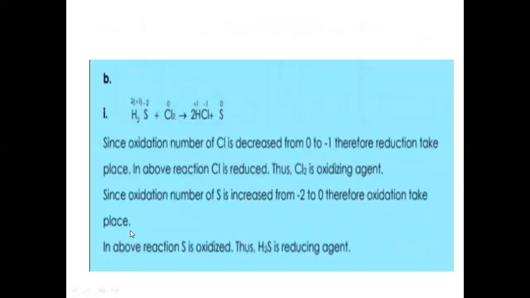B part is we have to identify oxidizing and reducing agent. First of all, we will assign oxidation state to all the atoms, and that is sulfur from -2 into 0, hydrogen from +1 to +1 same, chlorine from 0 to -1. So you can see chlorine undergoes reduction because its oxidation state decreases from 0 to -1, and chlorine will act as an oxidizing agent, while sulfur oxidation state increases from -2 to 0.